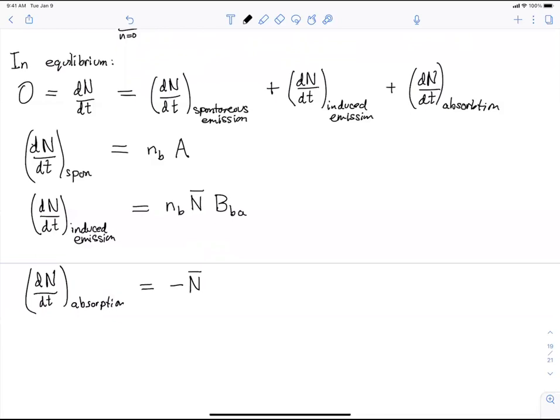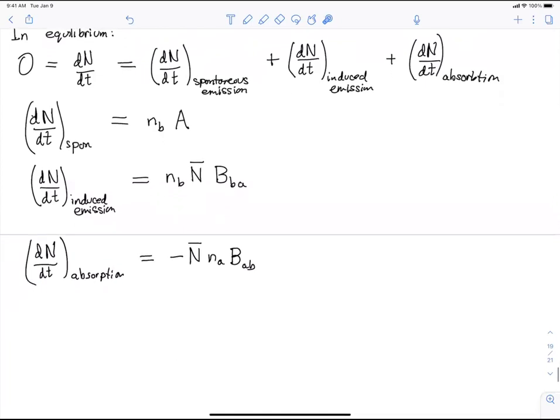And it's proportional to how many atoms there are that are available to absorb photons. So that's what we're going to call n sub A. Okay, and then the constant of proportionality we're going to call B AB, meaning it's something that depends on A going to B, whereas this was something that depended on B goes to A.